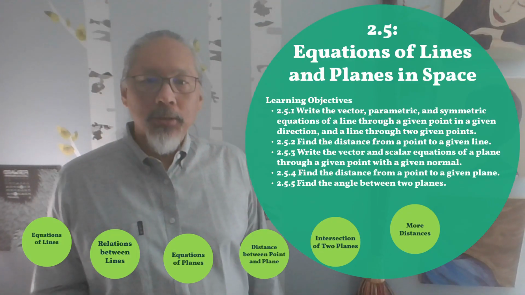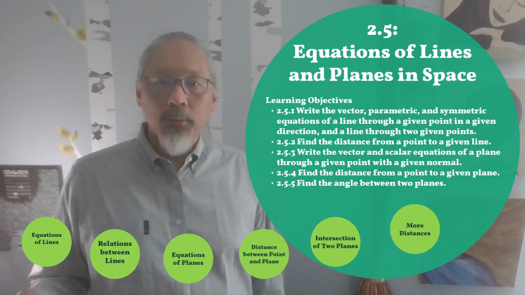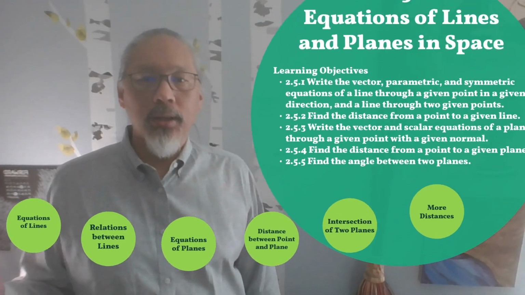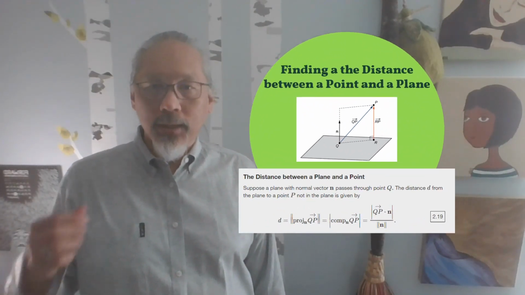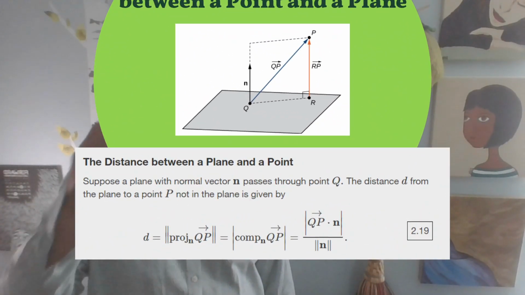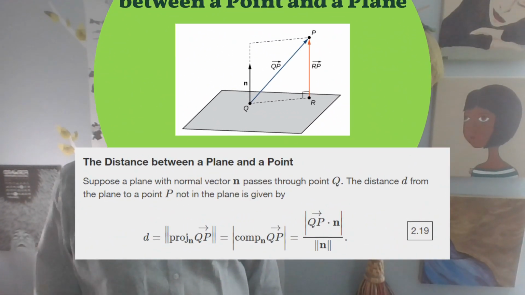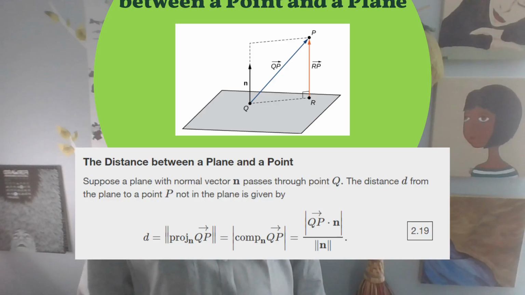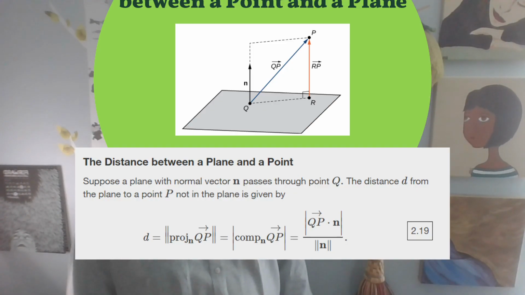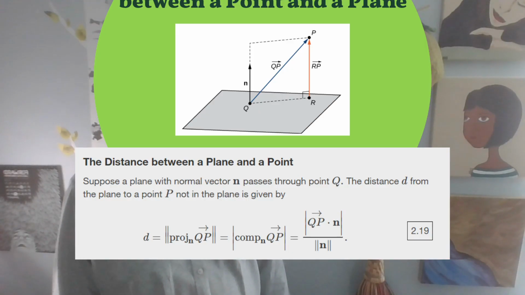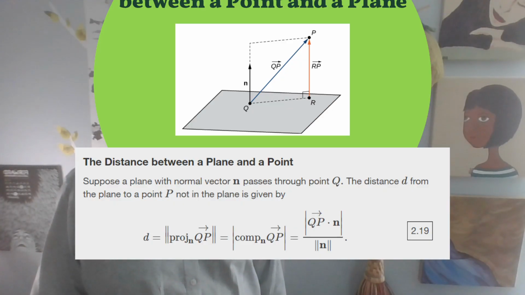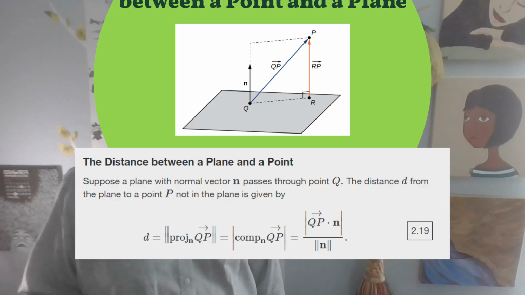Now that we've established an equation of a plane, we can find the distance between a point and a plane. And to find the distance between a point and the plane, we're going to rely on projection. What we're going to do is find a point on the plane, and you can probably just guess at some points, like fix some x and y value, and then you can find a z value to satisfy the equation of the plane.